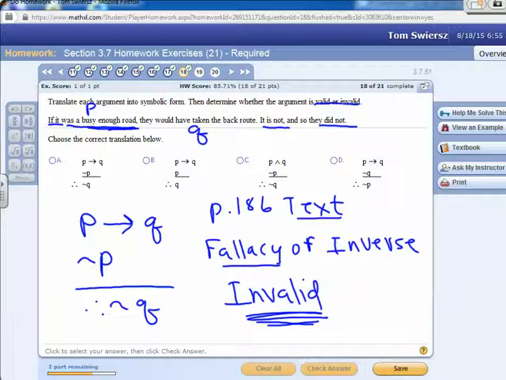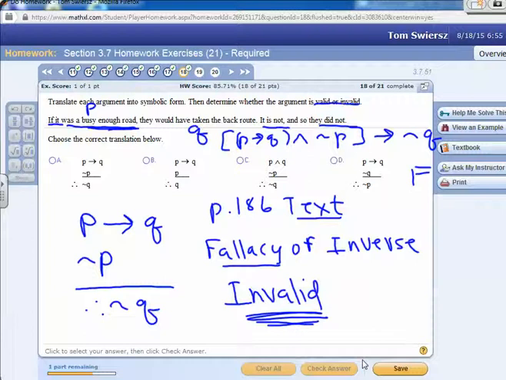If you needed to do a truth table, you would do if P then Q and not P, does that imply an if then negation of Q? And your last line will have at least one false, meaning it is not a tautology, which means the argument is invalid. Okay?